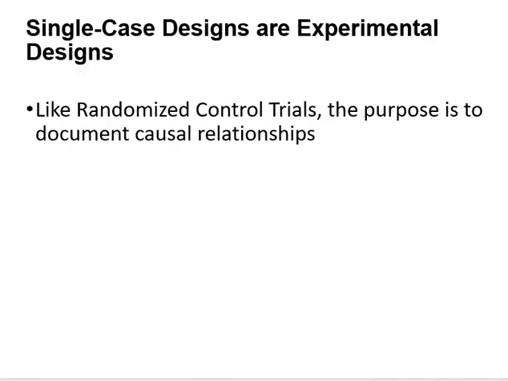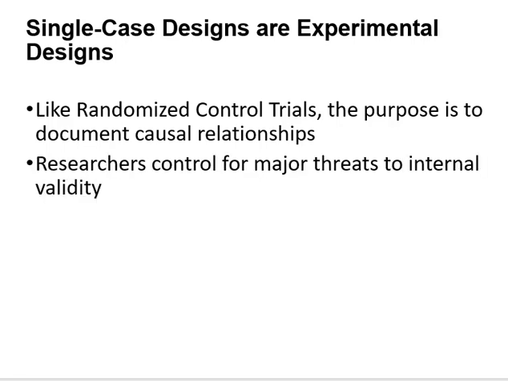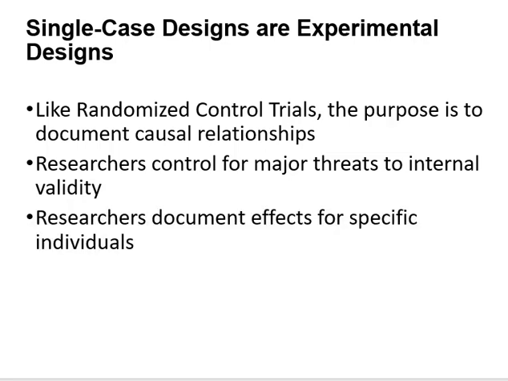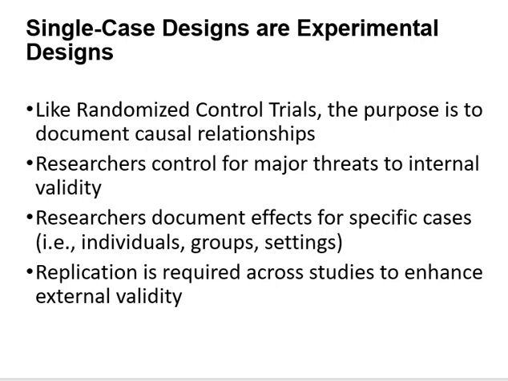The purpose in single-case research, like in conducting randomized control trials, is to document causal relationships. In single-subject experimental research, researchers control for major threats to internal validity. And they document effects for specific individuals, also called cases or systems.